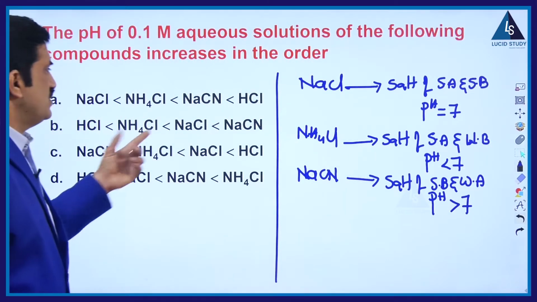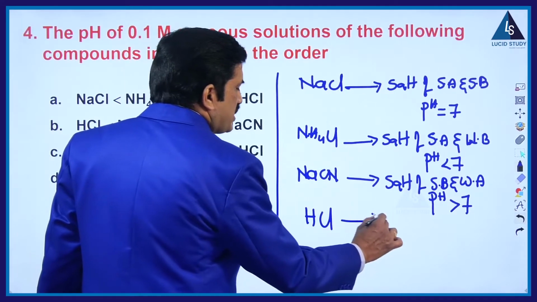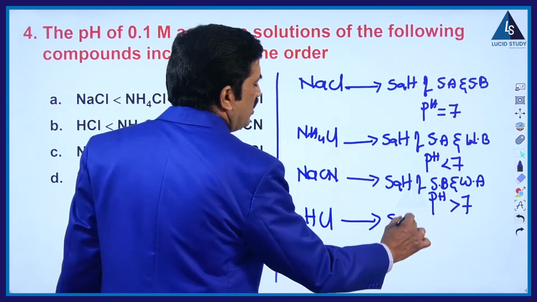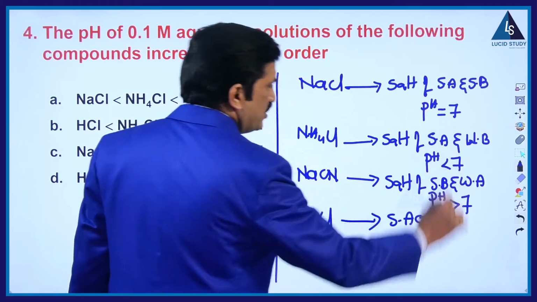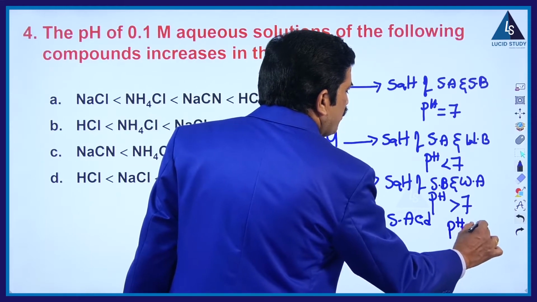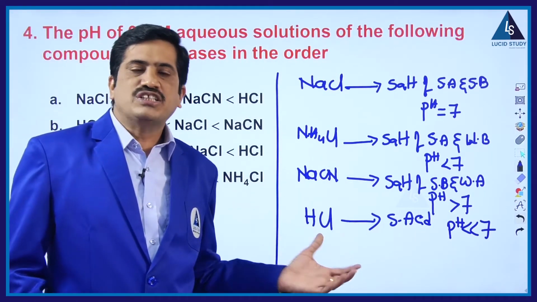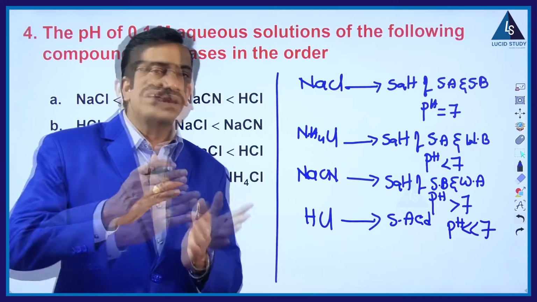Now the fourth one is HCl. HCl is straightforward, this one is a strong acid. Therefore the pH value is very much less than 7, because when you take a strong acid, its pH will normally be 1 to 2 or less than 3.